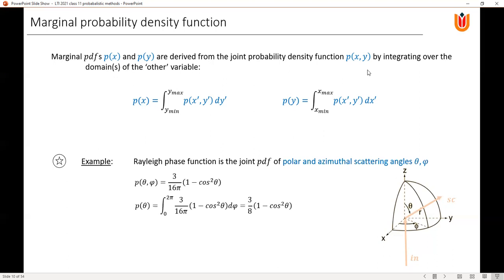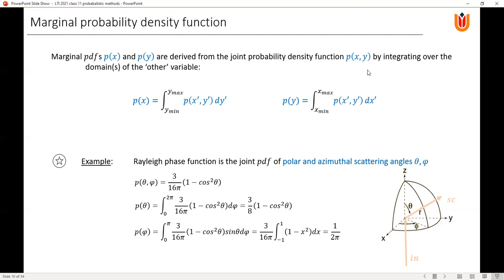If we want to calculate p of theta only, we have to integrate over the variable phi, so integrating this expression from 0 to 2 pi d phi. Of course, there is no phi dependence in the expression, so integration is simple. That just yields a factor 2 pi, which you can cross out, and then the result is this.